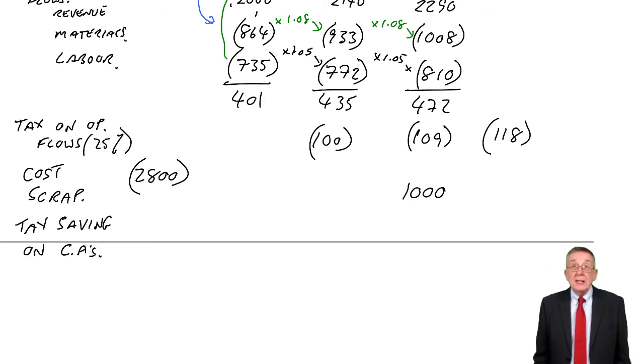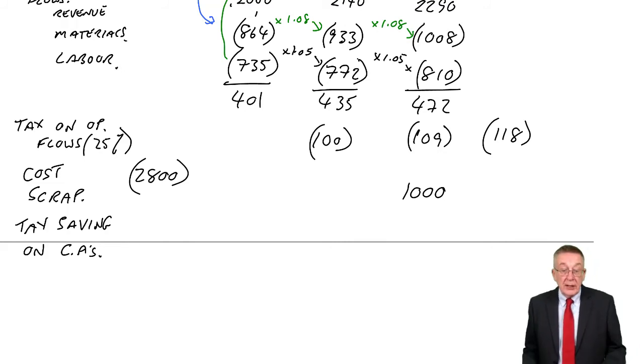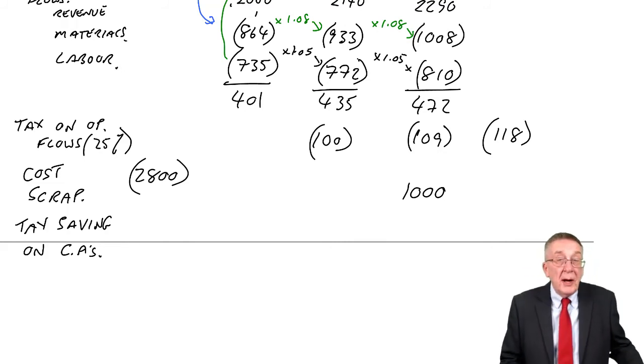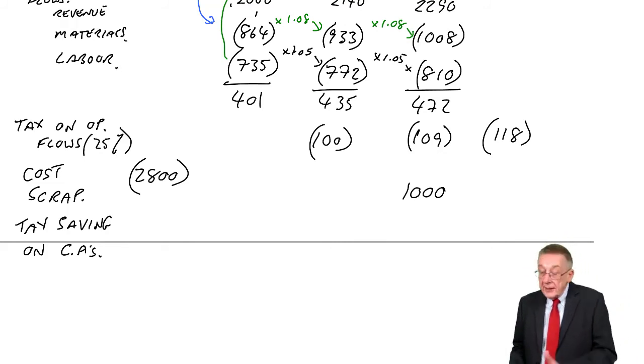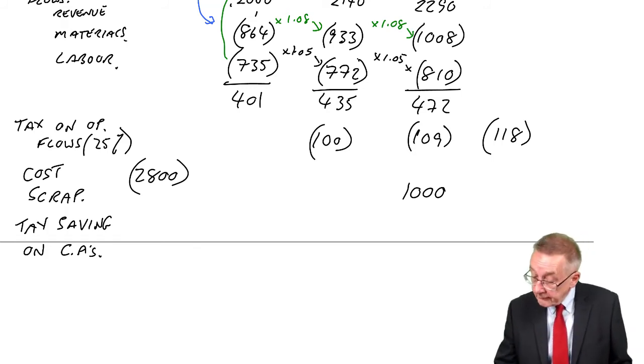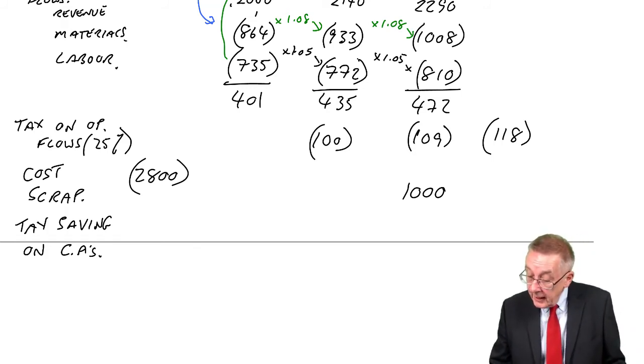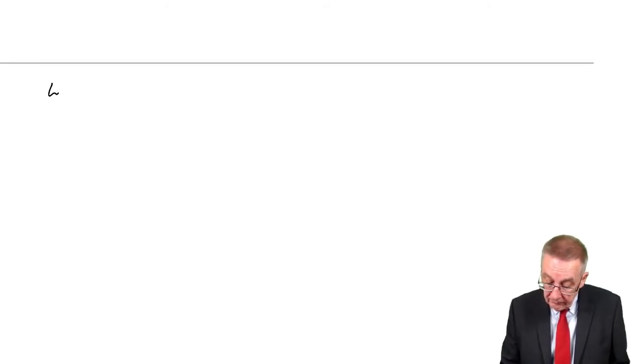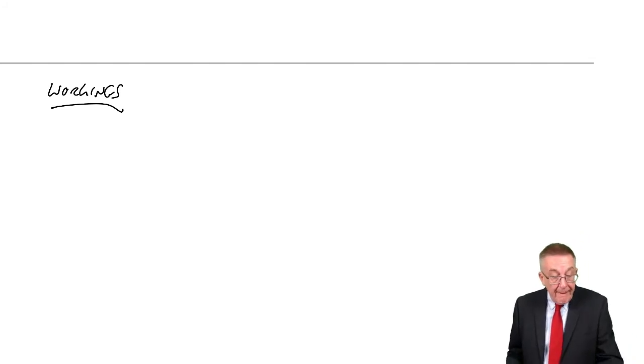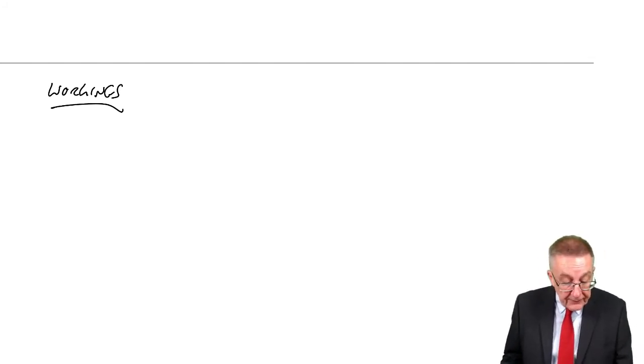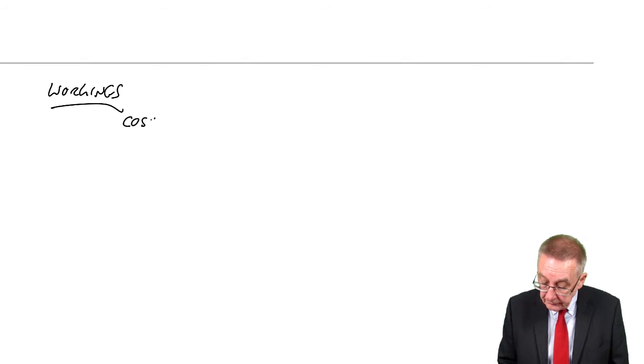I don't know, it might be an idea to pause the lecture and have a go at this yourself, because we've been through how to deal with it, and then put the lecture back on and check you got the same. However, I'll leave space, I'll do workings for the capital allowances. The initial cost, 2.8 million.